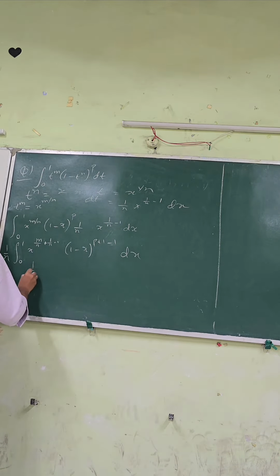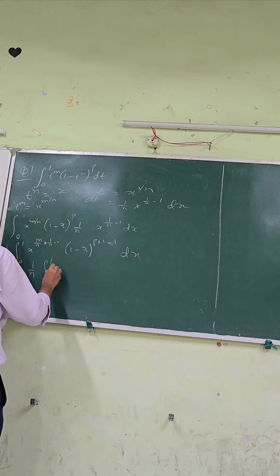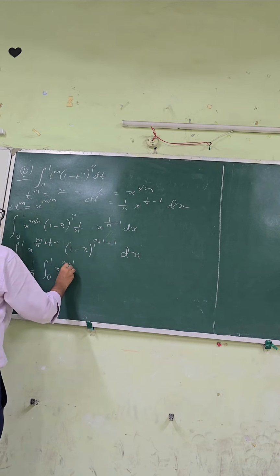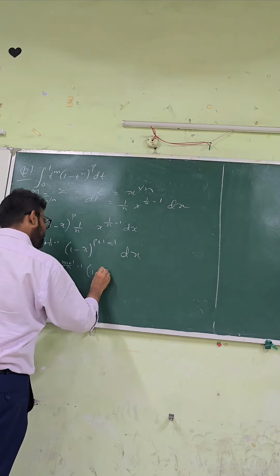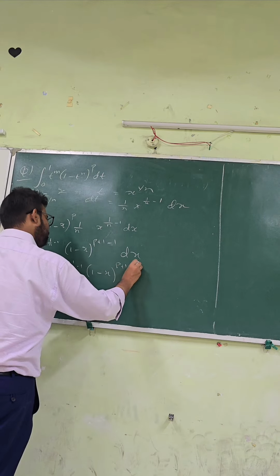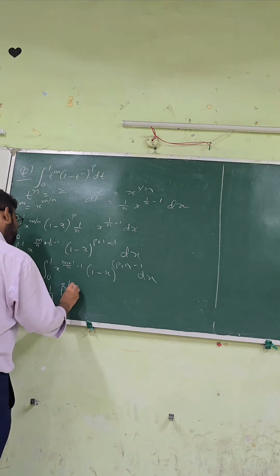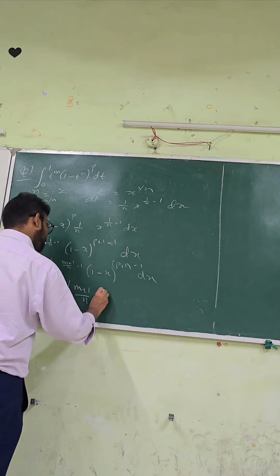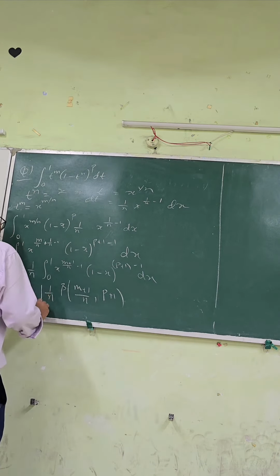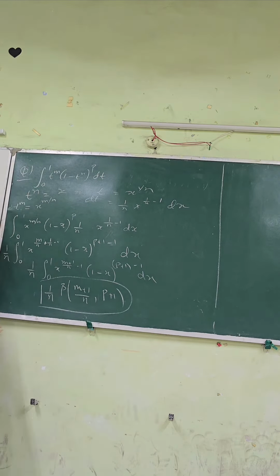So 1 by n integral 0 to 1 of x to the power m plus 1 by n minus 1, times 1 minus x to the power p plus 1 minus 1, dx. You get the answer as 1 by n into beta of (m plus 1 by n, p plus 1). It is a really important result.